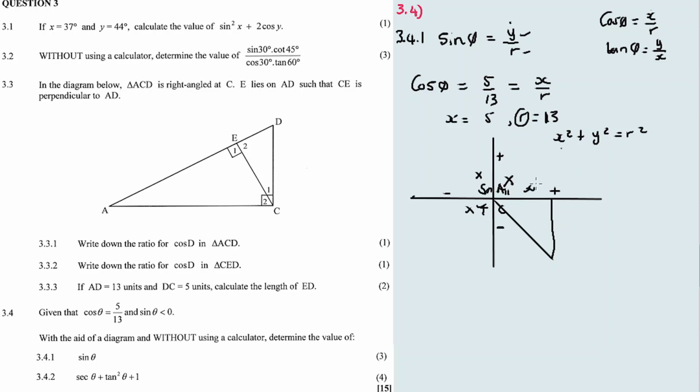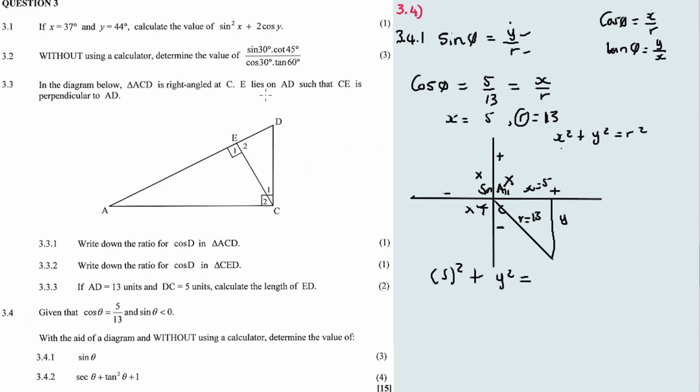Here x is positive, it's 5, and then my r is 13, and the y we must now calculate. Now we can see that the y value we calculate must be negative, right? So I substitute: x, 5 squared plus y squared equals r squared.